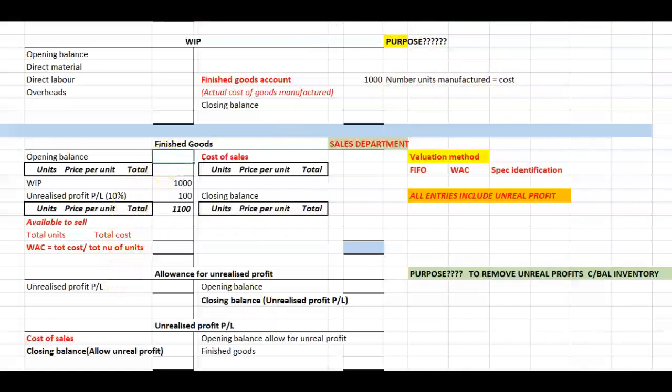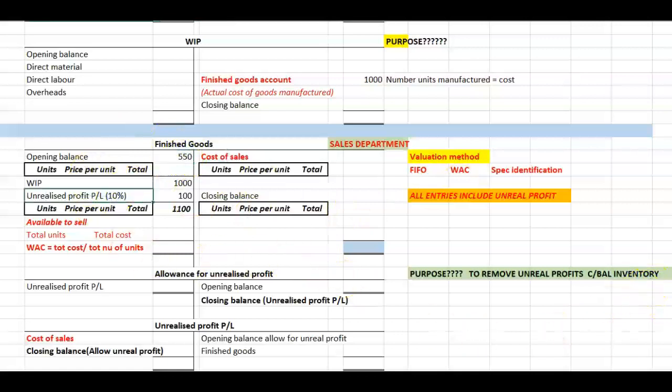So, included in our opening inventory, that was at the end of the previous financial year, we had, for example, finished goods at 550 Rand. Our policy is to add 10% to the cost of goods manufactured when we transfer it from the production area to the sales department. So we know that the 550 Rand was not equal to the actual cost of manufacturing those goods.